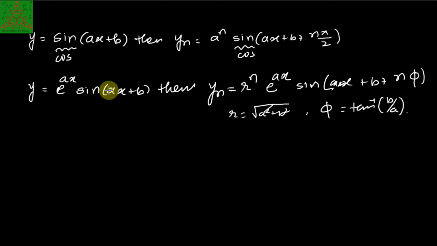Using this formula, if instead of sine we have a cos, then also we have a cos. We will solve certain examples in this video lecture.